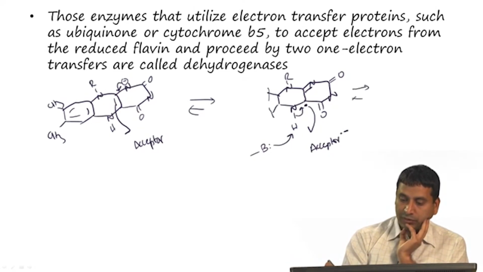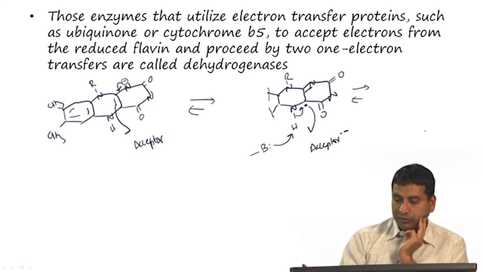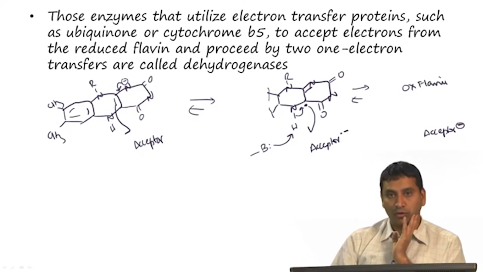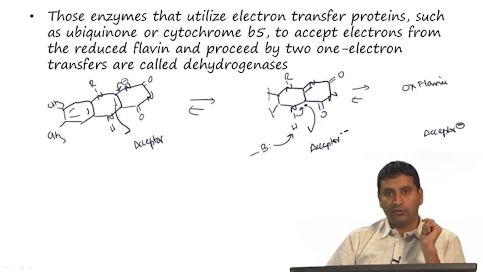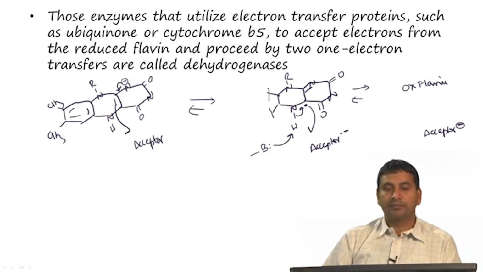So, now the acceptor, which is in the form of a radical anion, becomes acceptor negative charge, and you get back the oxidized flavin, whose structure I am not going to draw. Okay. So, this is the process by which 2 1 electron transfers can occur, and this is the mechanism by which dehydrogenases act.